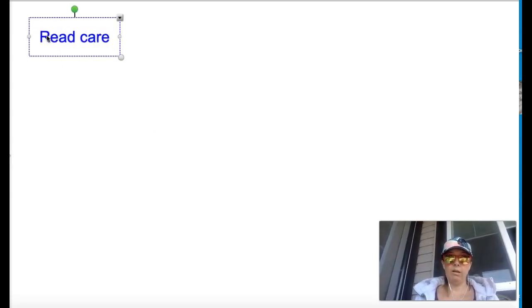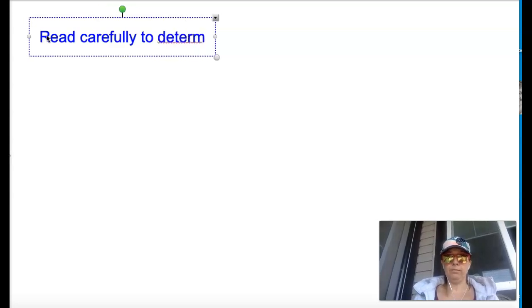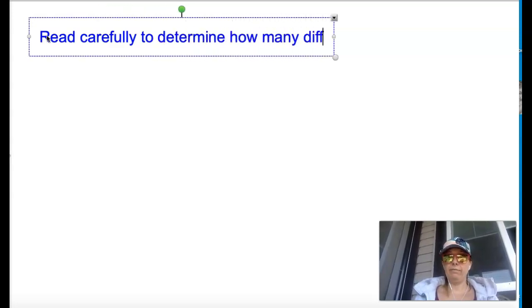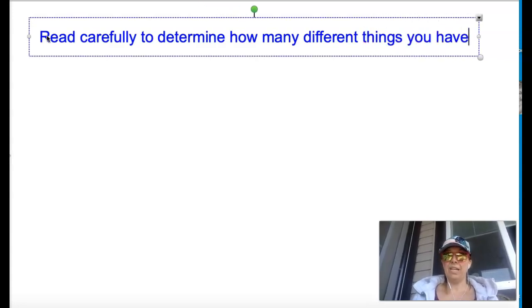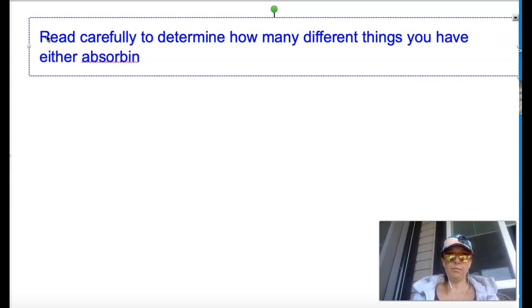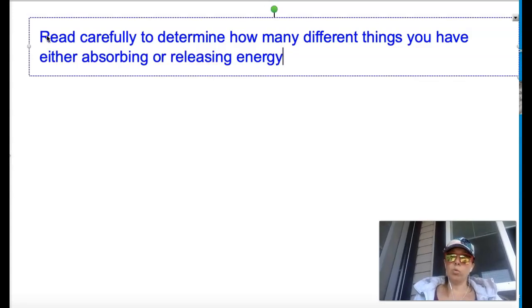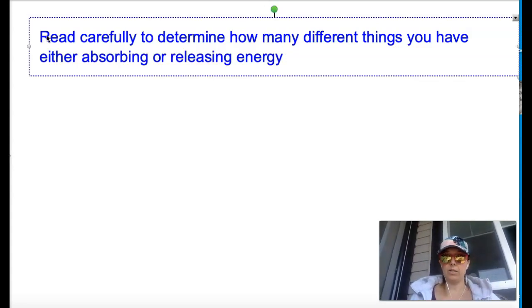So make sure you read carefully to determine how many different things, we're just going to go with things, you have either absorbing or releasing energy. Okay, we then want to group them so that when we list those givens, we're listing all the ones associated with one thing under that and all the ones associated with something else under that.